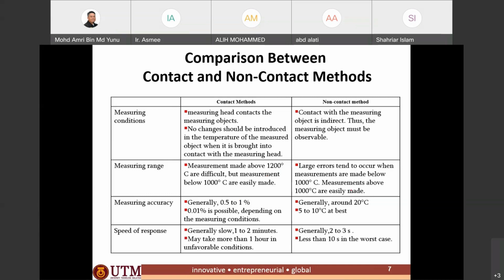For non-contact, a large error is basically made when we measure below 100 degrees Celsius. Okay, we are discussing industry applications.